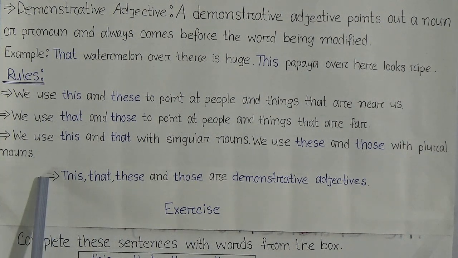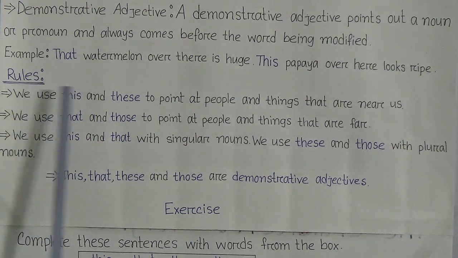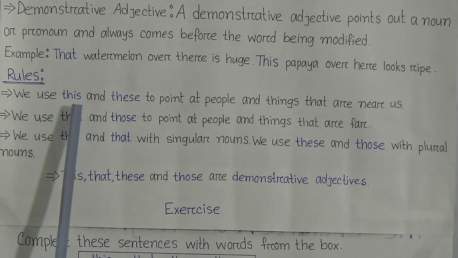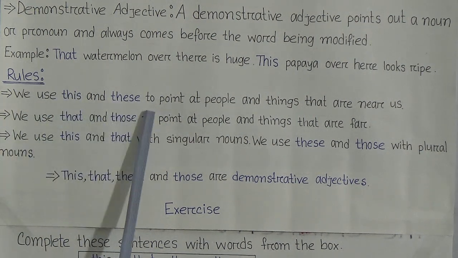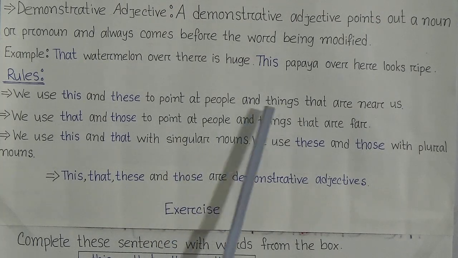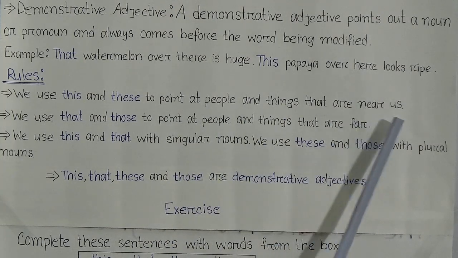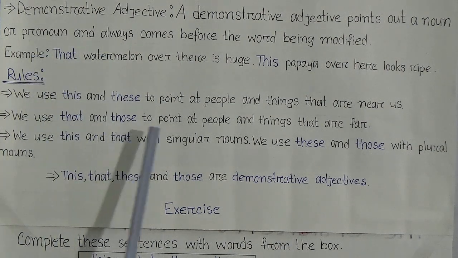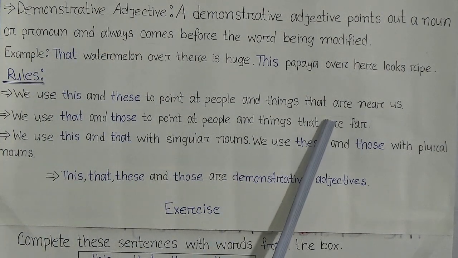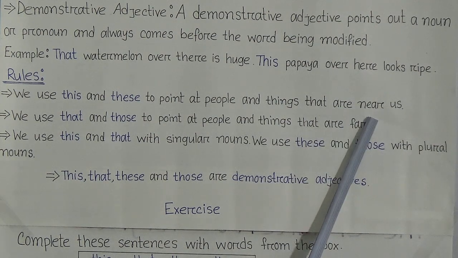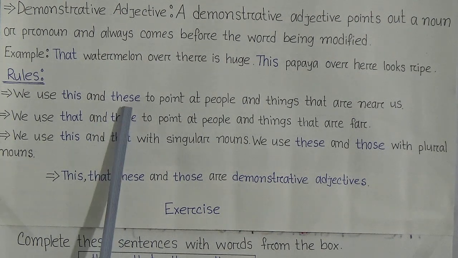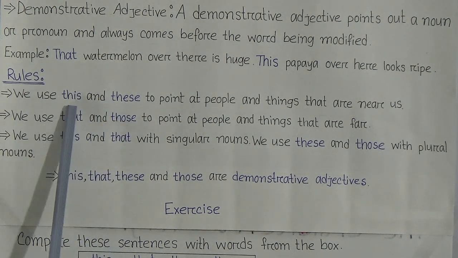Here are some rules. Now we will learn about the rules. First one, we use this and these to point at people and things that are near us. I said in the example that when we mention someone or something near or close to us, we have to use this and these. These is the plural form of this.